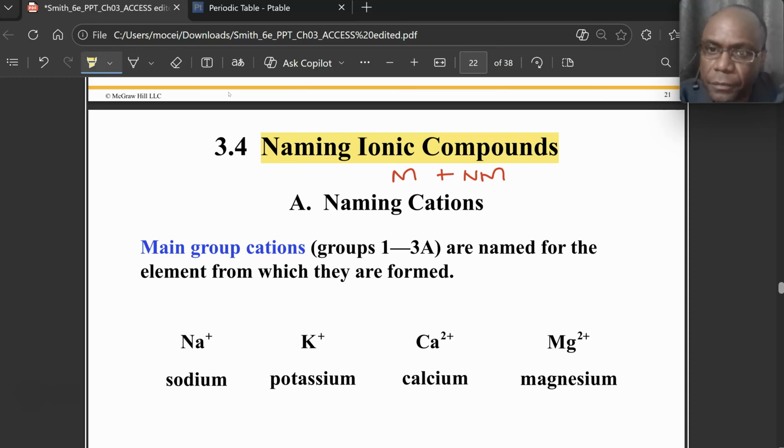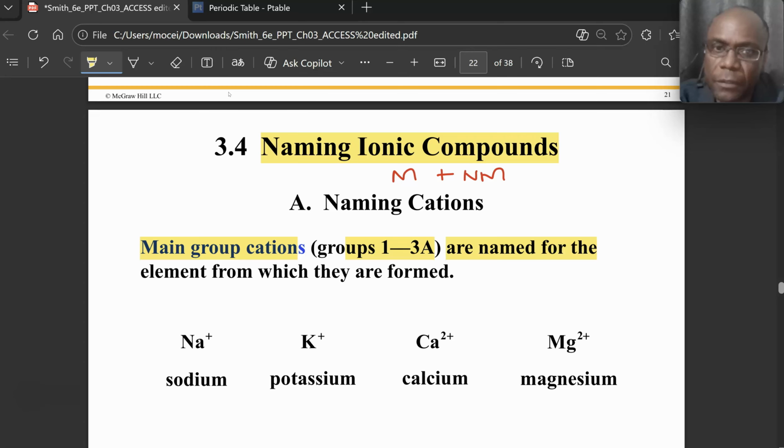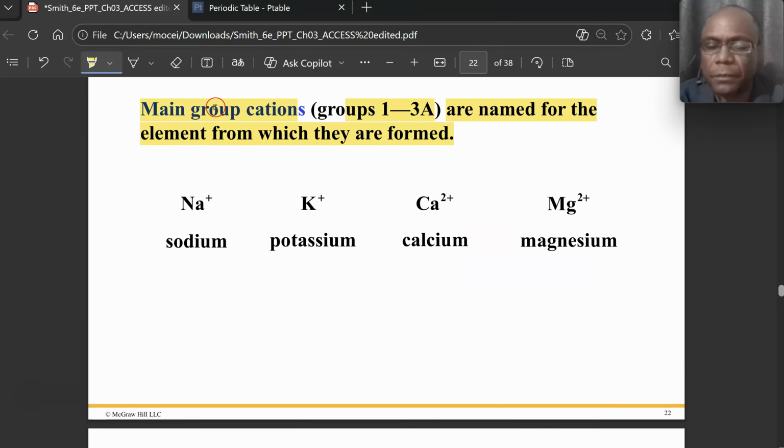So main group cations, that is groups 1A, 2A, 3A, they are named for the element from which they are formed. So for example, sodium, potassium, calcium, magnesium will be the first part of the name. We call it the prefix name.